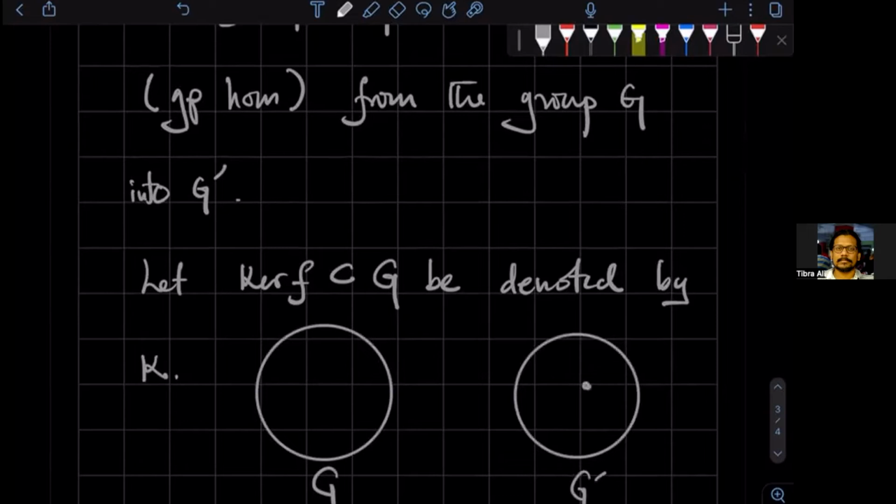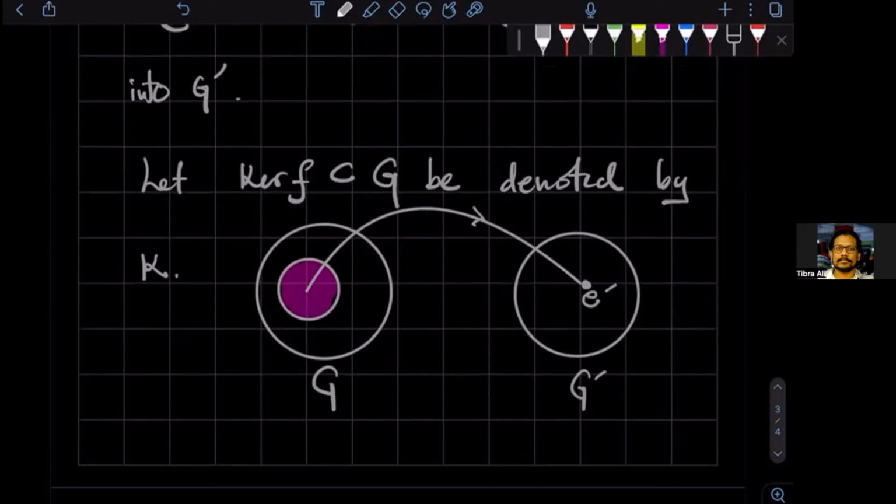So this is the identity, E prime, and there is some subset of the first group where all of them map to the identity, okay? So that's the kernel of F.